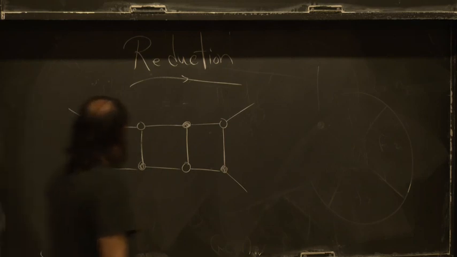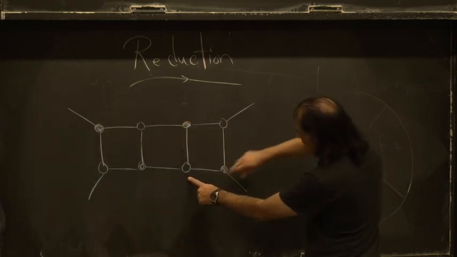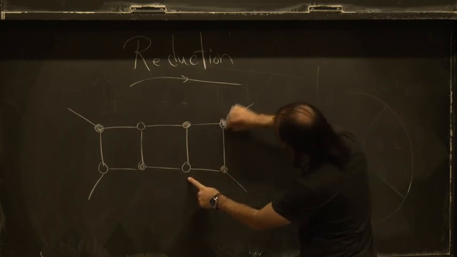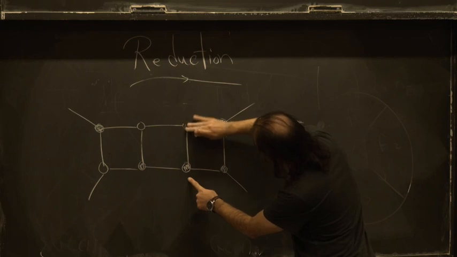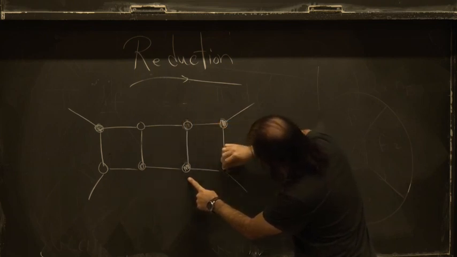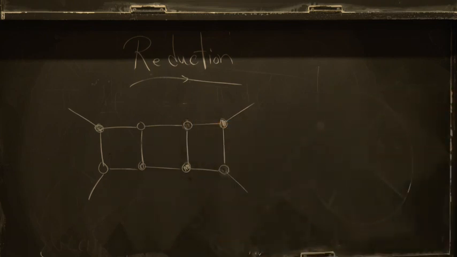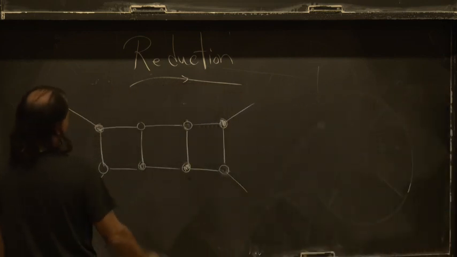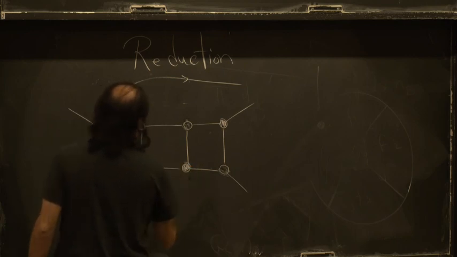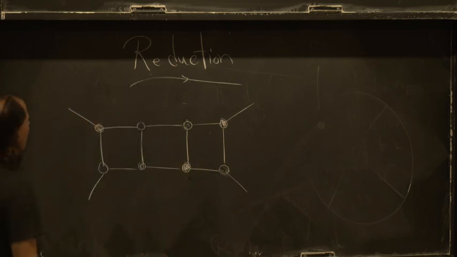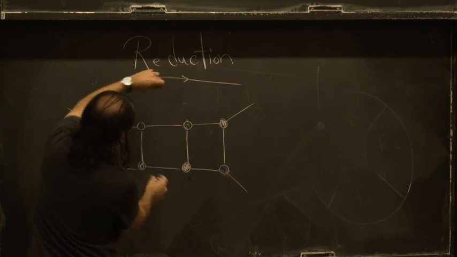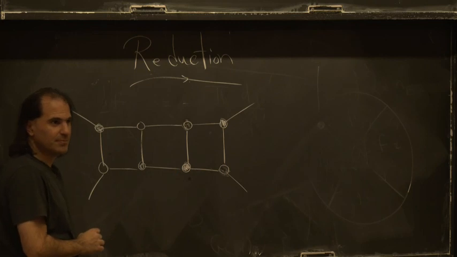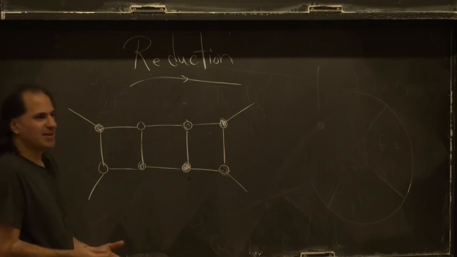Well, in this case, let me do a square move on this guy. So if I recolor the squares here like that, and now I can do a merge-unmerge on this middle guy, and you see I'm going to get a bubble on the inside.